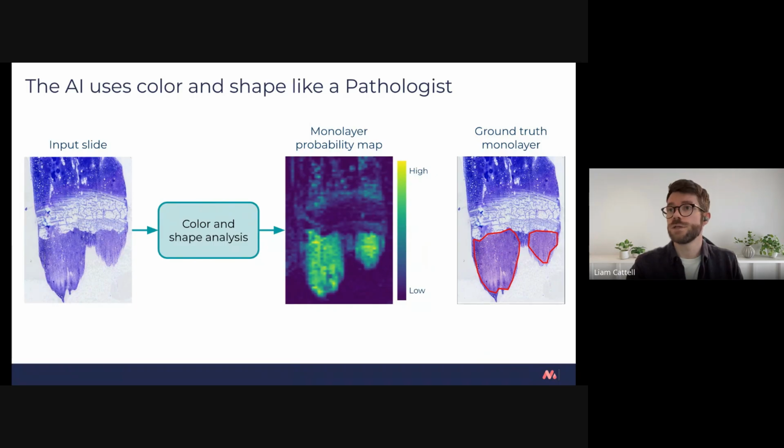And this ground truth region here is highlighted in red. And you can see the ground truth region from the pathologist matches pretty well our high probability regions there in our monolayer map. So we know we're taking good regions for further analysis.